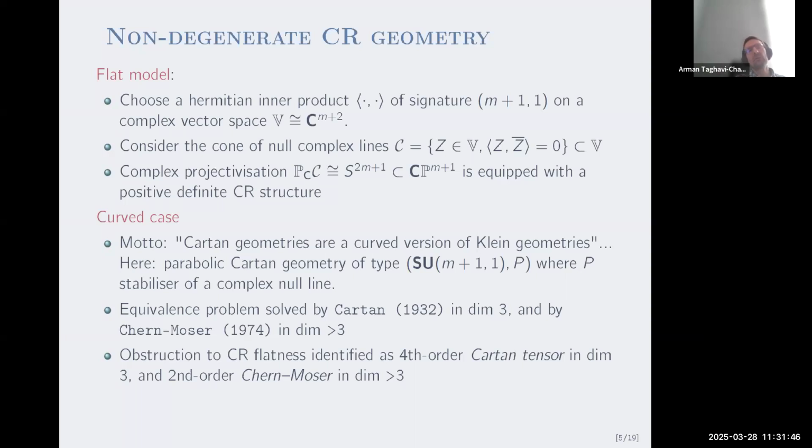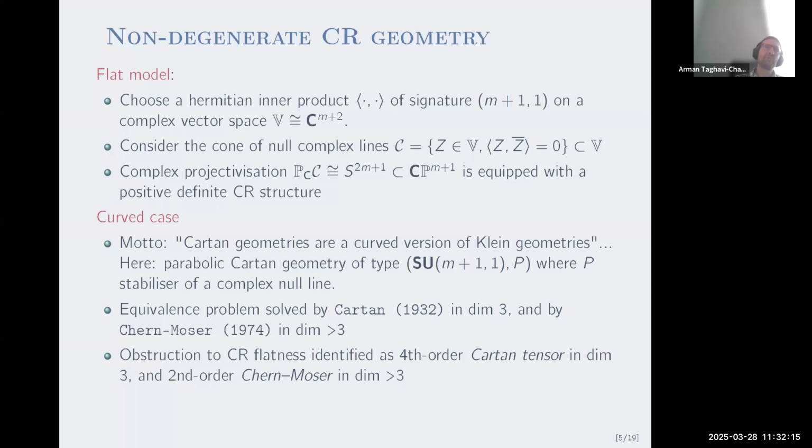I'm not going to go into details, but this was the strategy adopted by Cartan to solve the equivalence problem for CR geometry. He did this in dimension 3 in 1932, and it was extended about 40 years later by Chern and Moser to dimensions greater than 3.